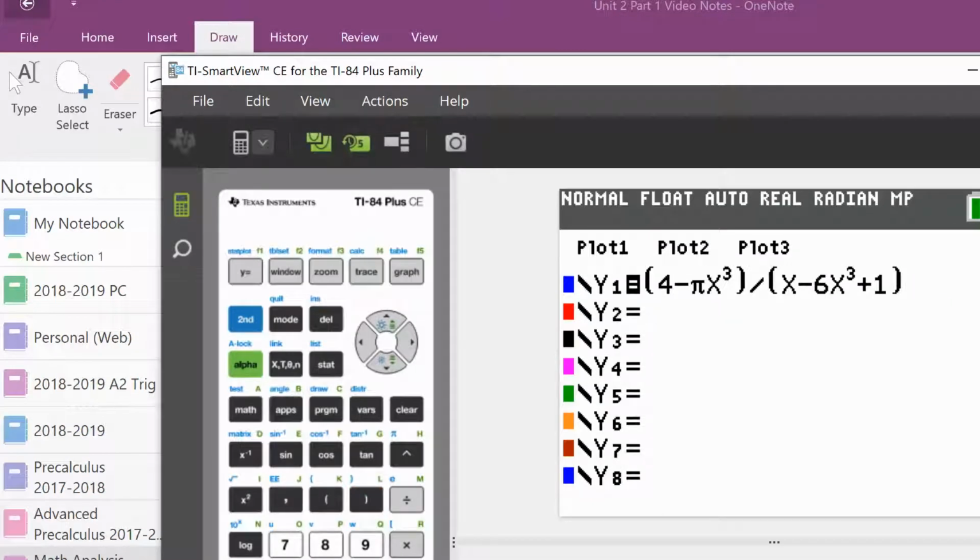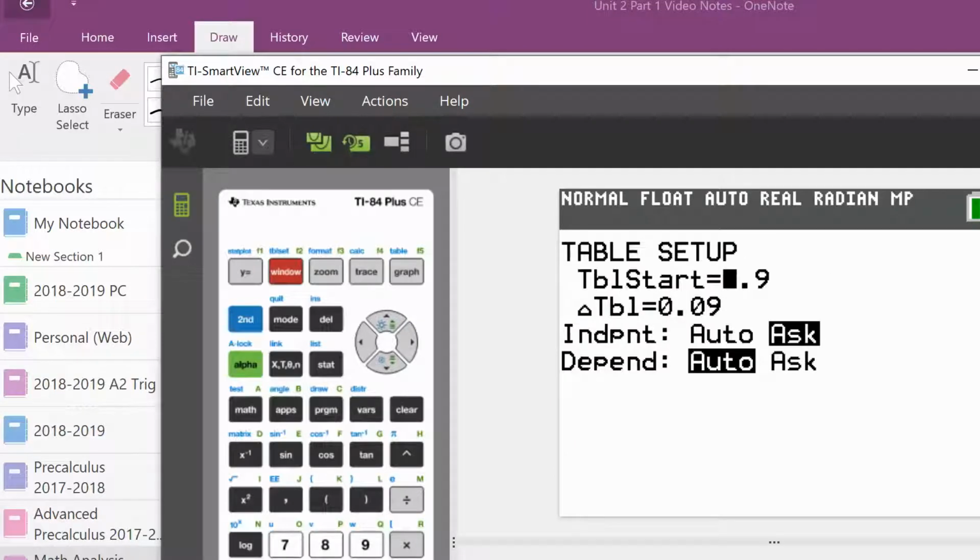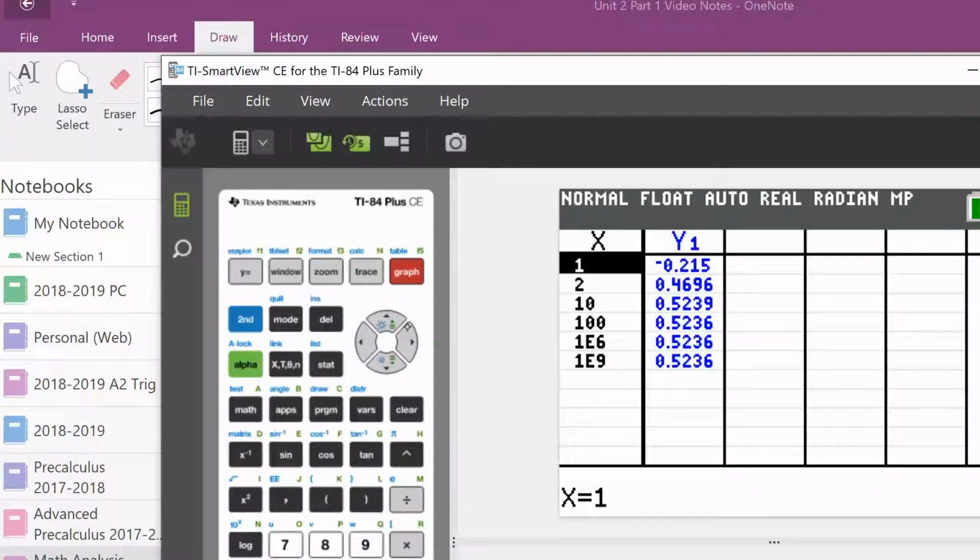Now what we want to do is look at the table, and remember, you're going to hit second function, table set. And you want to make sure that the independent variable asks you what you want to put in. The other things don't matter, just that. Then go second function table, and yours will be blank.